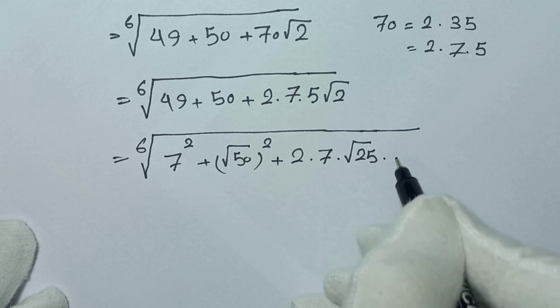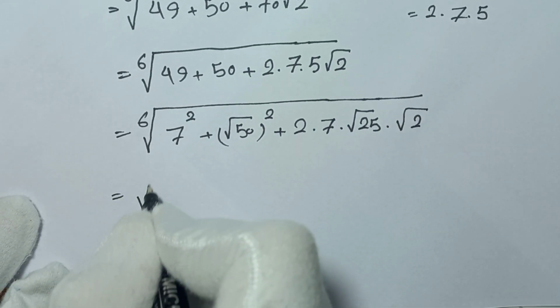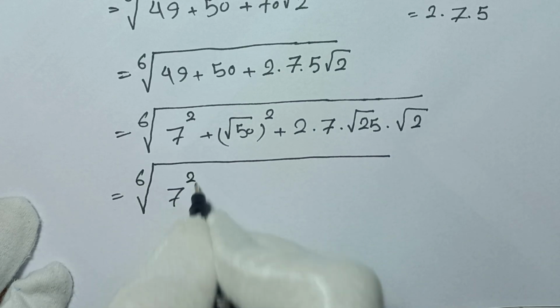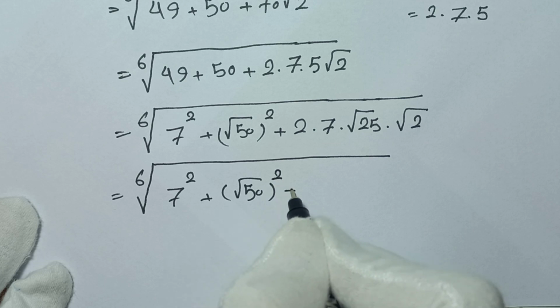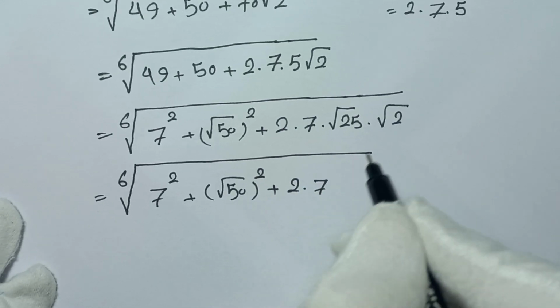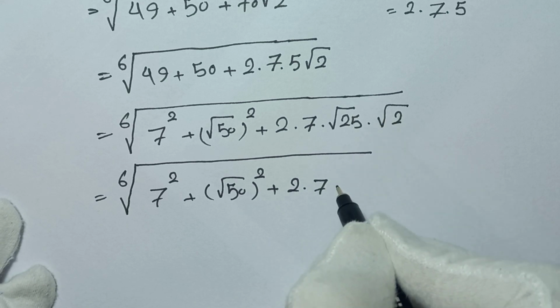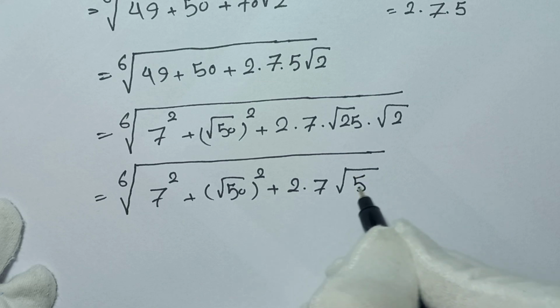And times square root of 2, so it will be 6th root of 7 to power of 2 plus square root of 50 to power of 2, and plus 2 times 7, and in here square root of 25 times square root of 2, it will be square root of 25 times 2, and it will be 50, right?